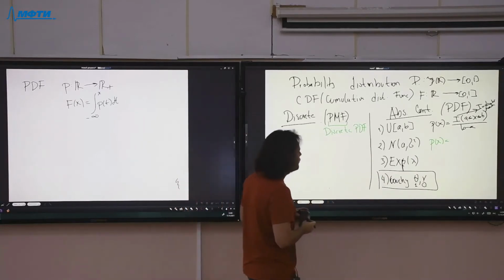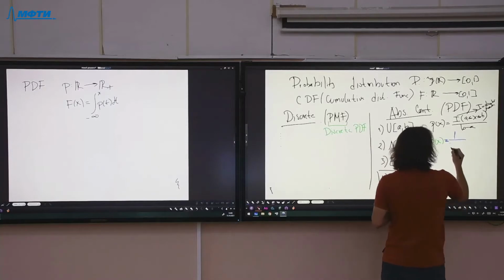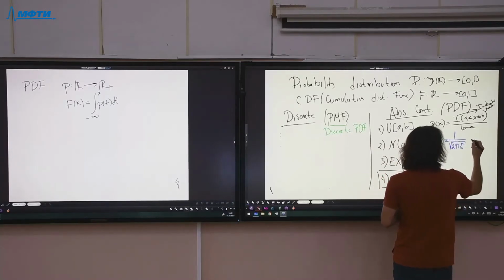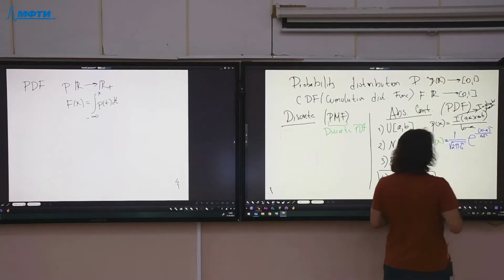So for the normal distribution, we have that the PDF is 1 over the square root of 2 pi times sigma squared, times e to the minus x minus a squared over 2 times sigma squared, right?